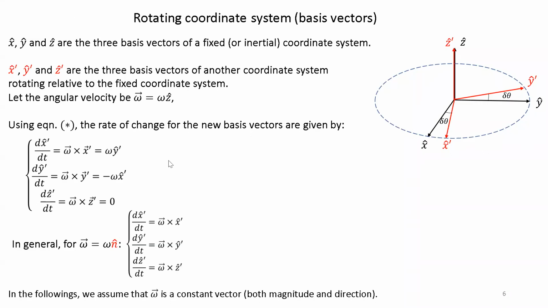Therefore the rates of change of the basis vectors, dx hat prime dt, dy hat prime dt, and dz hat prime dt, are given by omega cross themselves.